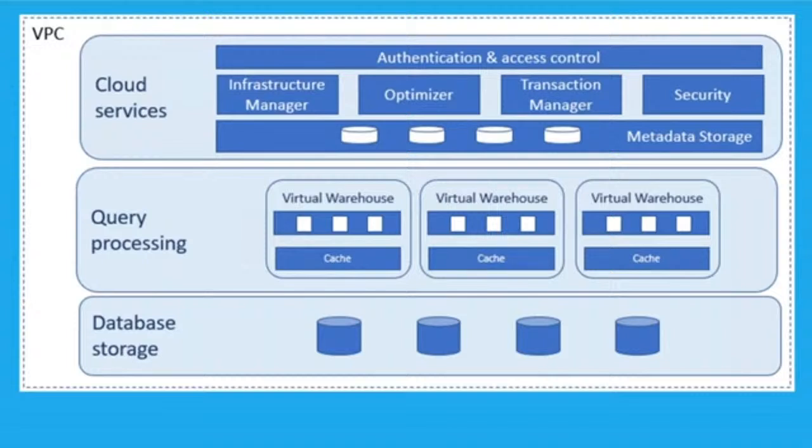So this query processing layer is a hardware component which can be called a virtual compute warehouse. Fine. Just as the database storage is a storage component, the virtual warehouse or query processing layer is a compute component, meaning a hardware component: the combination of RAM, CPU, motherboard, everything.